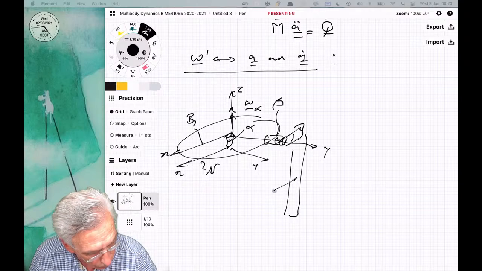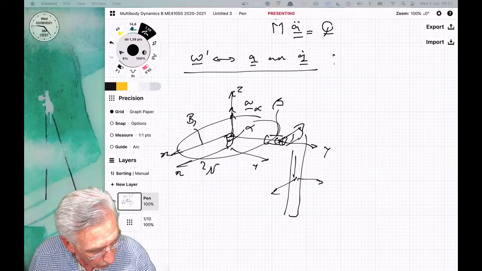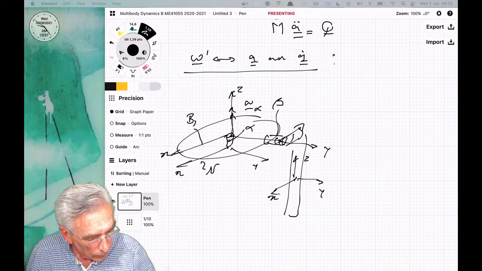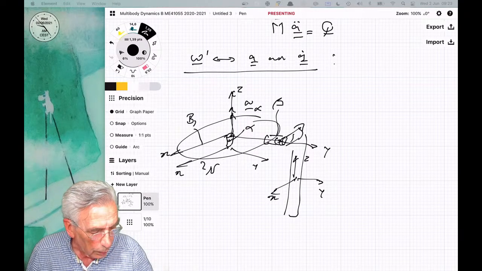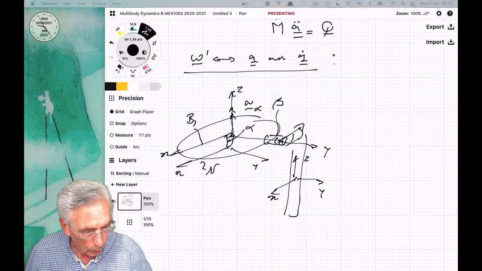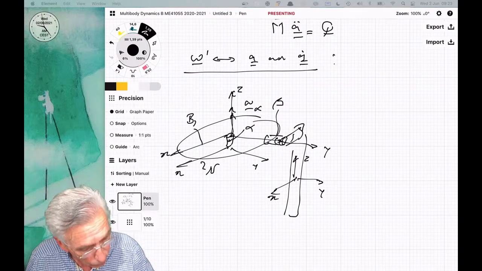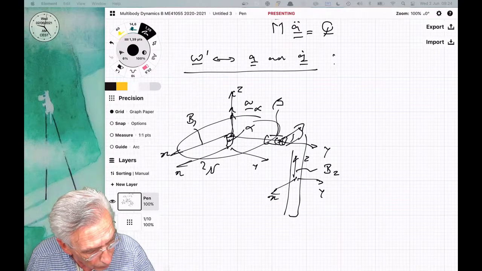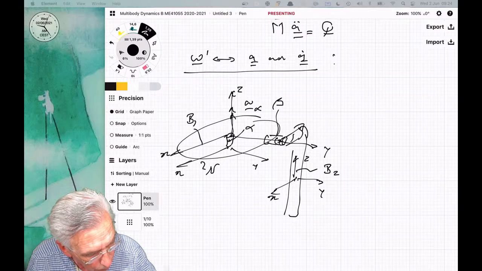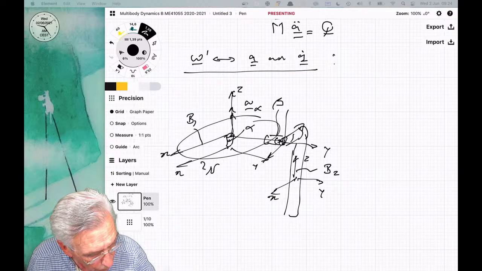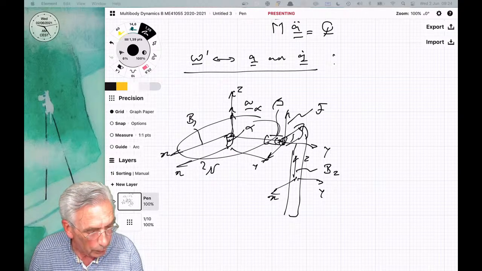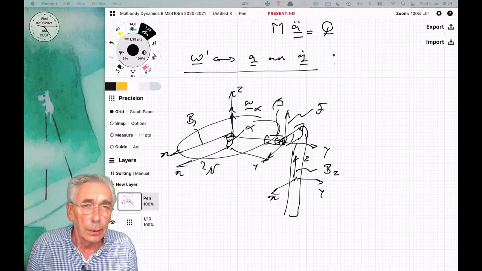And there's a coordinate system here, or triad, I should say, because a coordinate system has an origin, and for orientation, only the directions are important, so we call it triad. And this is called B2. But you need also some intermediate coordinate system here, right? And for Pete's sake, I will now write that. I will call that F or something like that. We need that in our derivation.